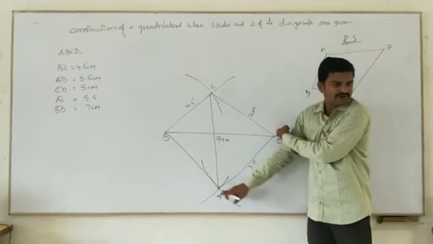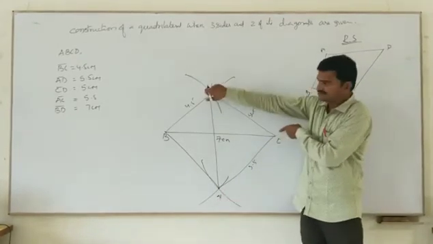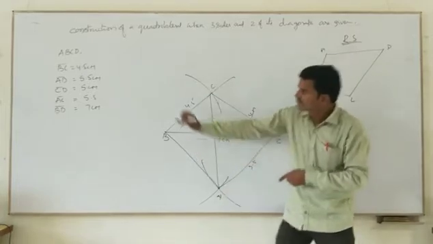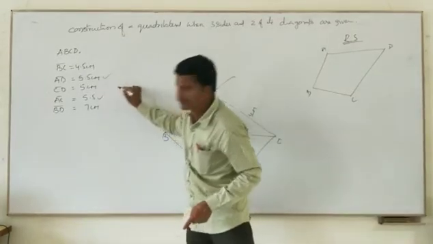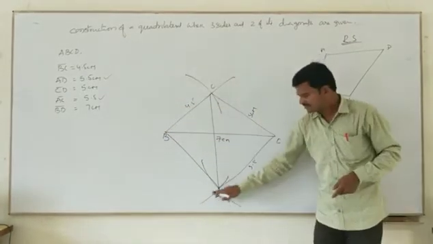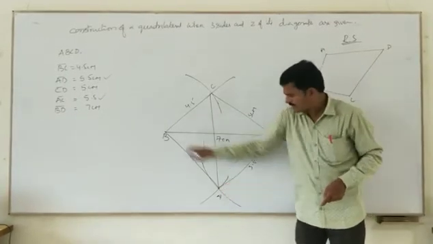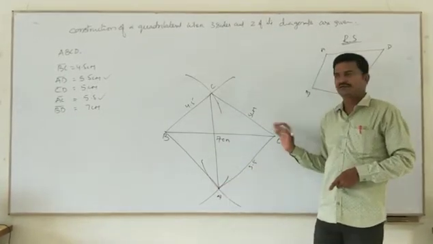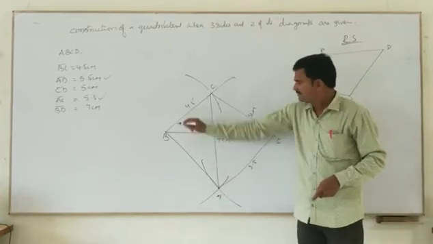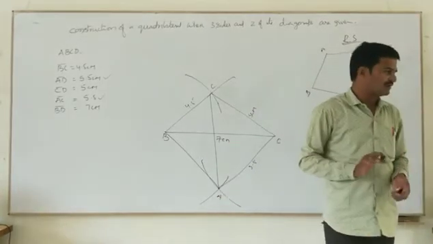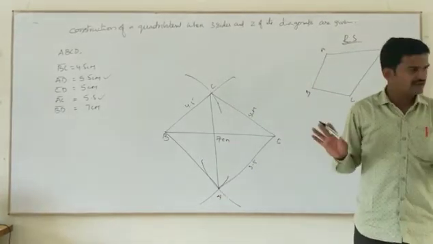So draw an arc from D with a 5.5 centimeters radius and from C also 5.5 centimeters, because both are given the same, 5.5, 5.5. Those two arcs intersect at one point named as A. Join AB and AD, AC. Now ABCD is our required quadrilateral. Are you clear?